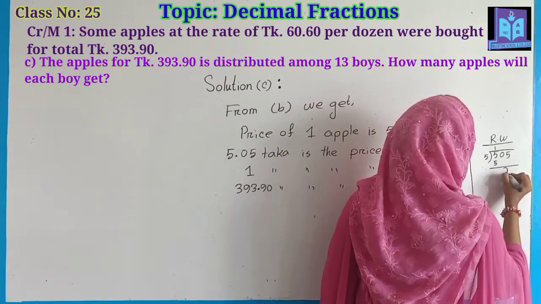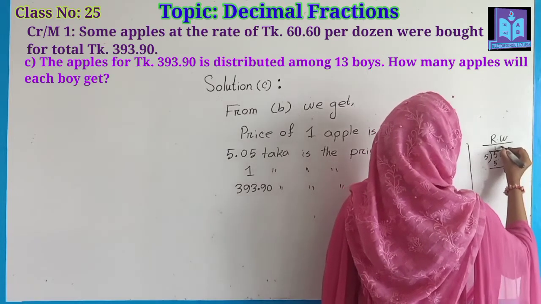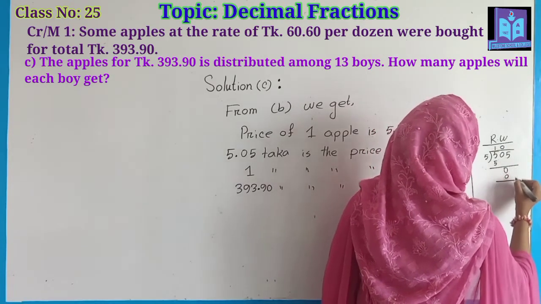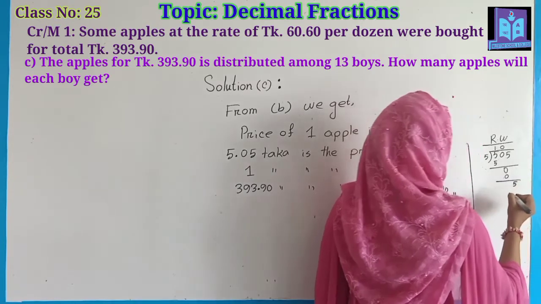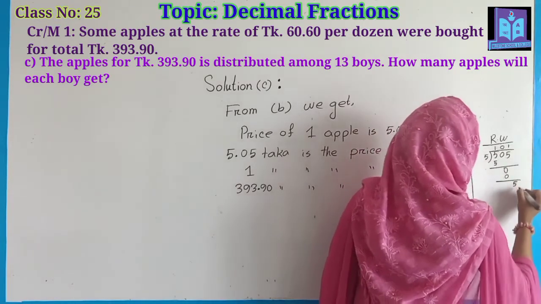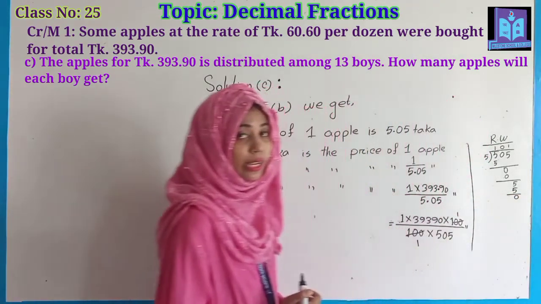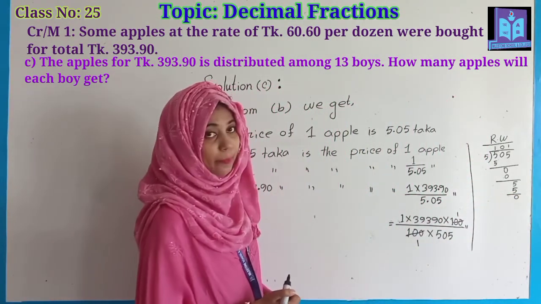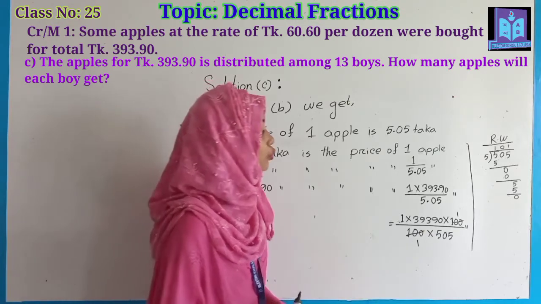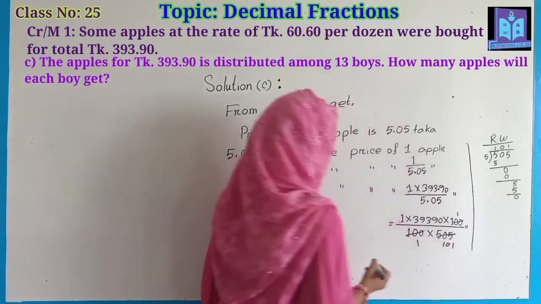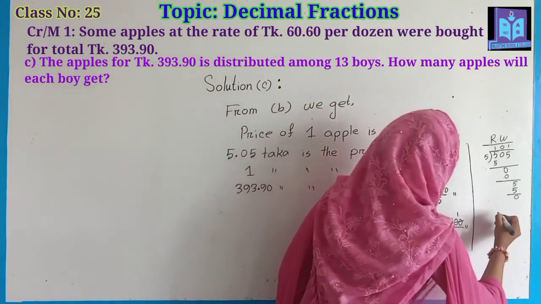Another digit is 0. 5 zeros are 0. There is also no left. Another digit is 5. 5 ones are 5. There is no left. It means there is no remainder. So we got the quotient. Our quotient is 101.